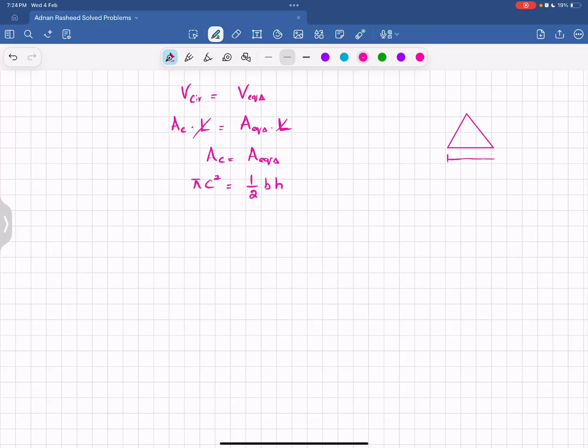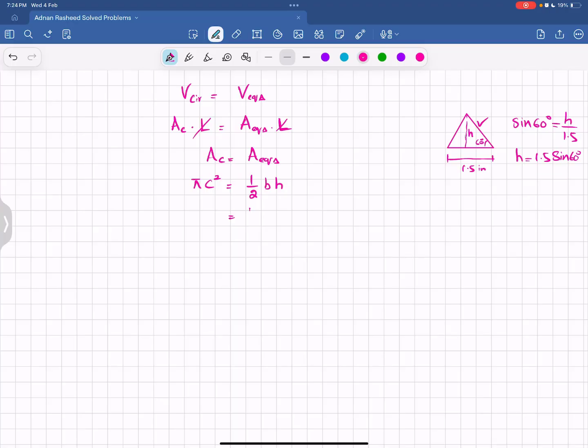So this base is 1.5 inch and this angle is 60. So we will need this height h. And if you take sine of 60 degree, this is equal to this perpendicular h divided by this hypotenuse, which is again 1.5, because it is an equilateral triangle. So this height will be equal to 1.5 times sine of 60 degree.